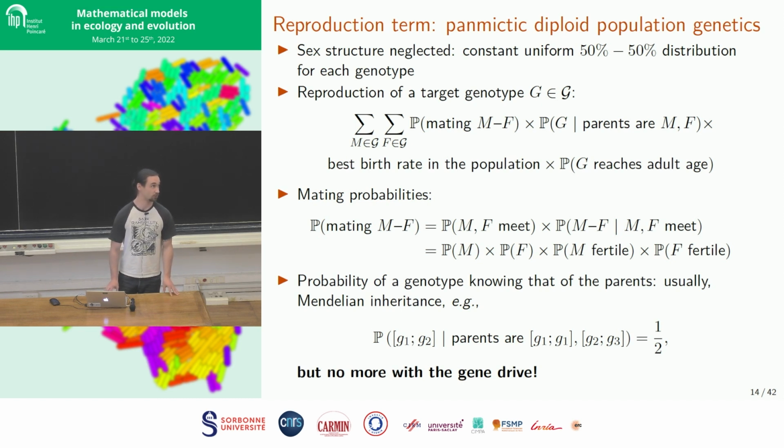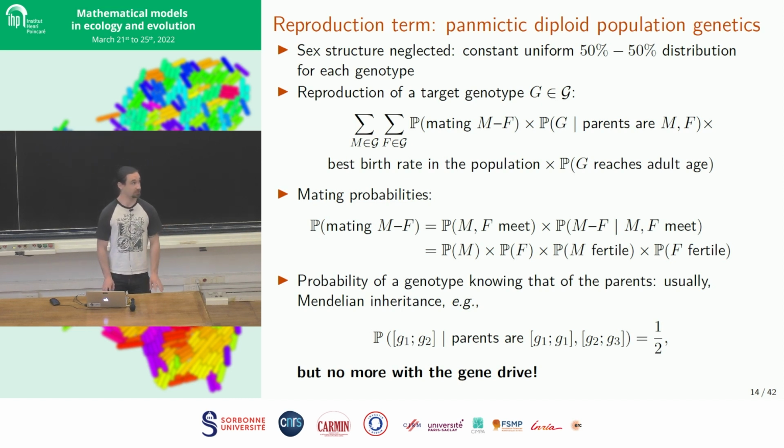And this is the probability of, so you need to sum over all genotypes for mothers and for fathers, the probability that these two genotypes are going to mate. And then you want to know the probability that the offspring are going to carry the correct genotype. And then you want to know the number of offspring, and then the probability that these offspring are going to reach adult stage.